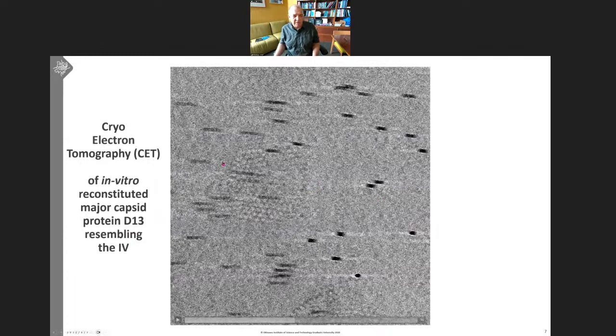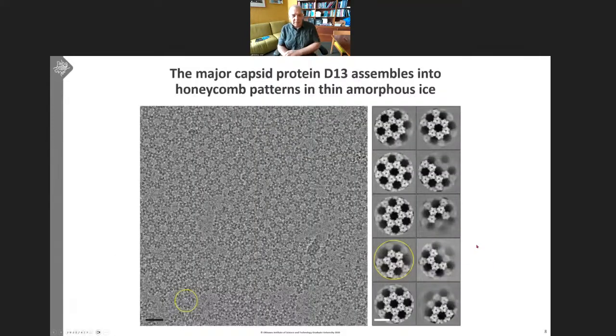And so the IV particles that we worked with, they were expressed in vitro. Now, when you put them into a thin ice layer, like what we do by single particle cryo-EM, we plunge them using a plunger after blotting, and this results in a thin ice film on the order of 50 to 150 nanometers.